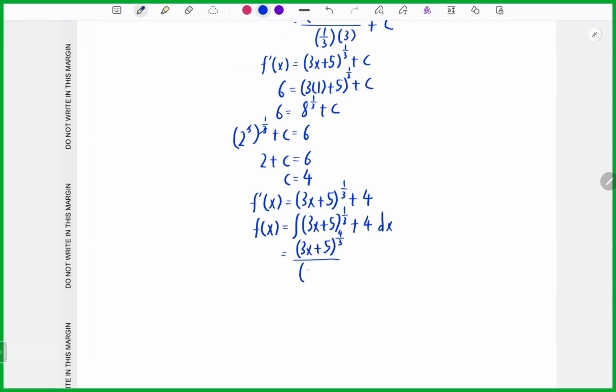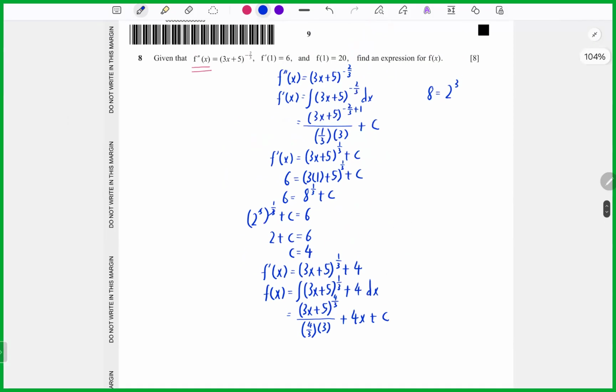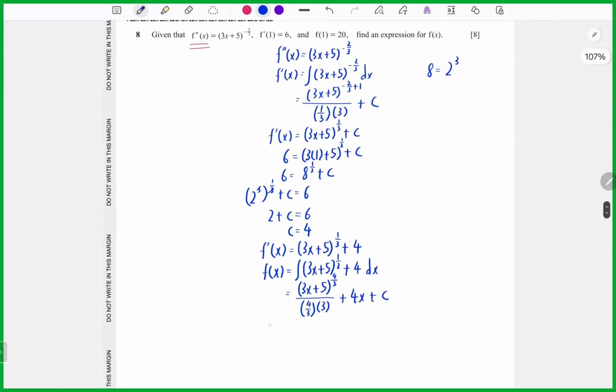Over 4 over 3, and you differentiate 3x + 5 again, plus 4x plus c. Here I write 1 over 4 bracket (3x + 5)^(4/3) plus 4x plus c.